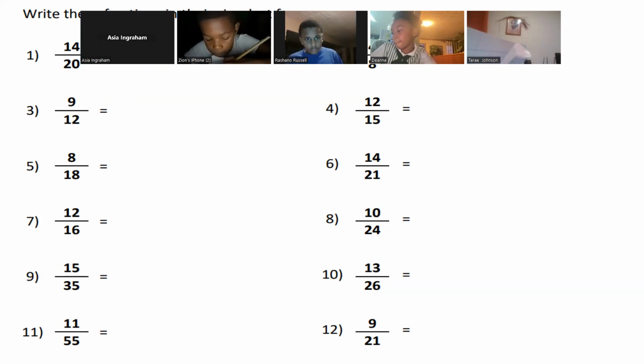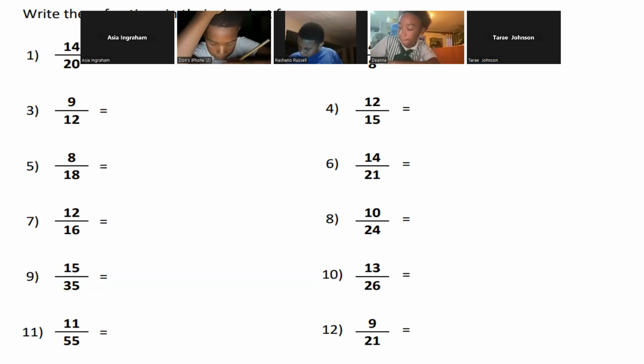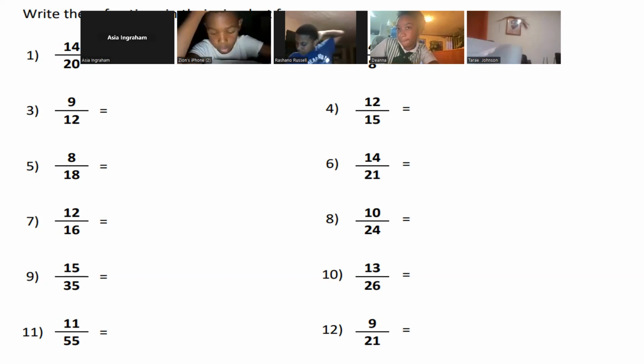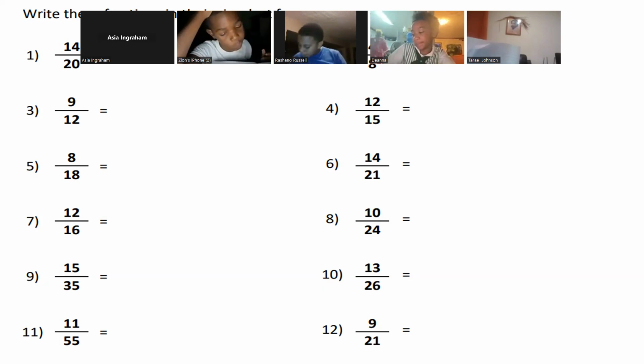All right, say 8 timetables to me. 8 ones are 8. 8 twos are 16. 8 threes are 24. 8 fours are 32. 8 fives are 40. 8 sixes are 48. 8 sevens are 56. 8 eights are 64. 8 nines are 72. 8 tens are 80. 8 elevens are 88. 8 twelves are 96.